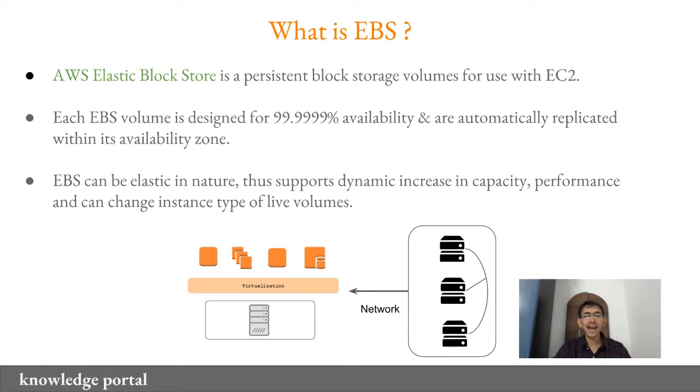In fact, we had one issue where AWS sent a mail that there was an issue with the EBS, and our entire production database server went down because of that. So although it is good, you should always take a backup of your data within the EBS volume, because even EBS volumes can have issues.